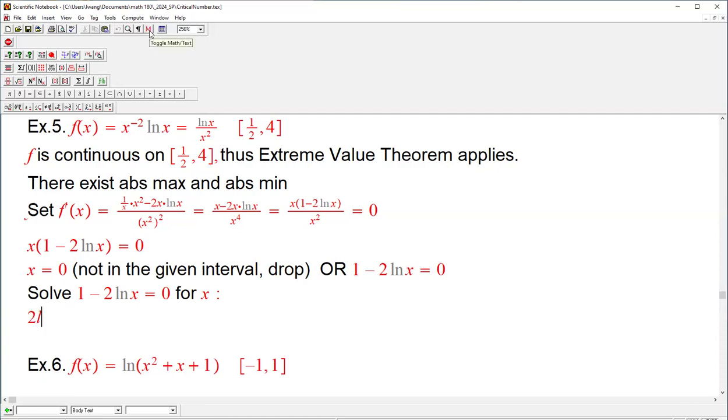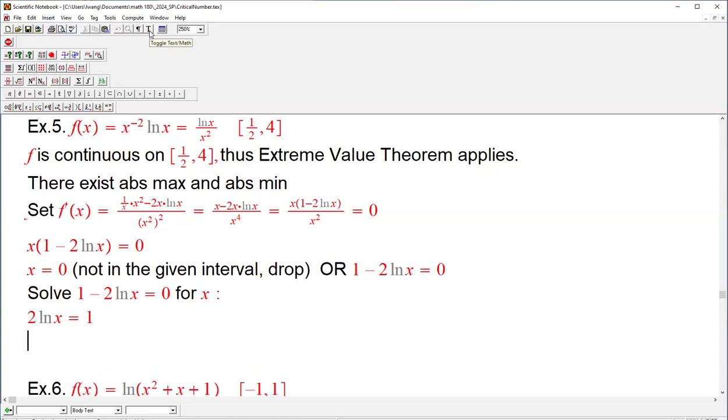We got 2 times ln x equals 1, and ln x equals half. Now what is x equal to? X equals e raised to the power of half, which is square root of e.